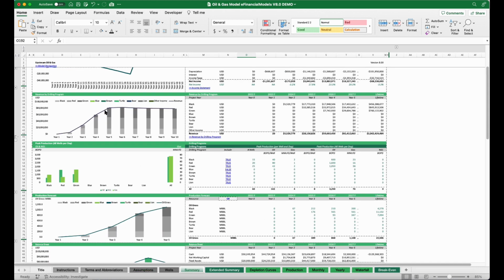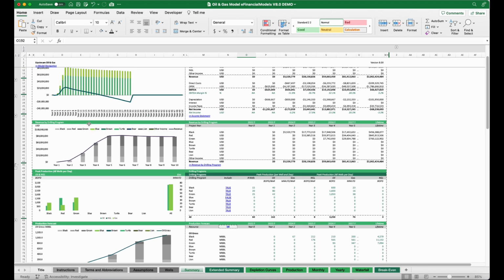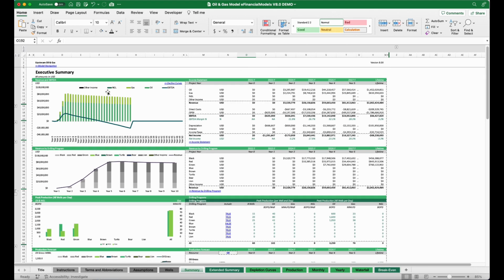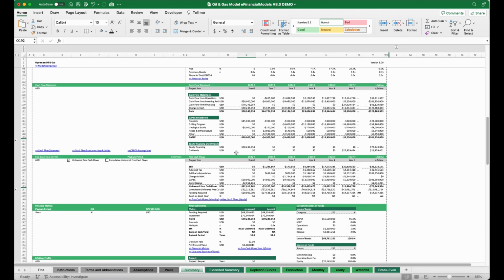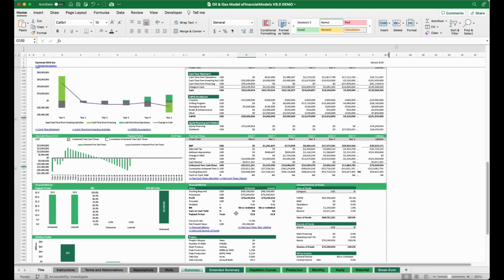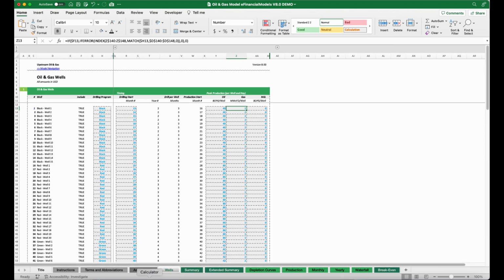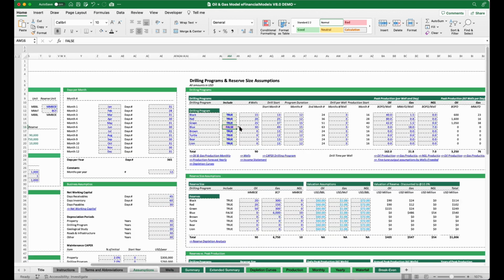And then you can see the project would look like this if we would not have the blue drilling program. And you can also look at this scenario and see the impact on the expected IRR. Now you can see without this well, the project would not be profitable. So we have to go back and adjust the assumptions or find the scenario which is profitable.